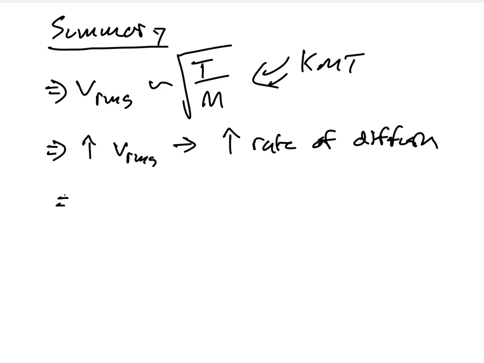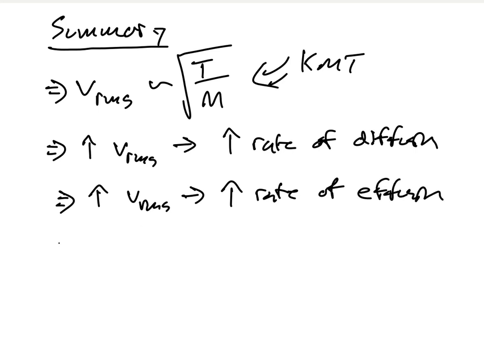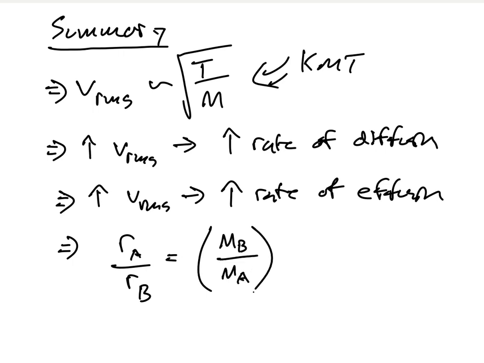We introduced the concept of effusion, or the leakage of gas through a little pinhole, and we saw the same increase in rate of effusion with increasing VRMS. And then finally we introduced Graham's law, which tells us that the ratio of the rates of effusion for two different gases is equal to the inverse ratio of the masses taken to the square root power.